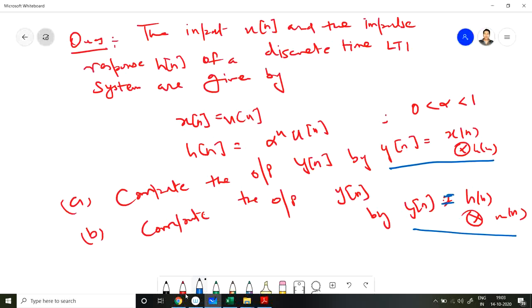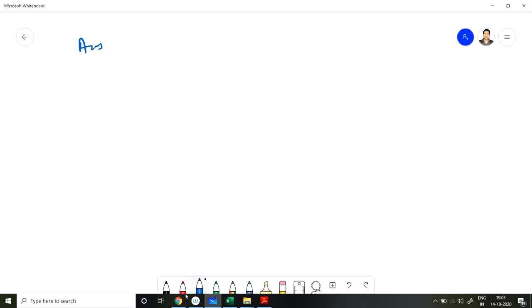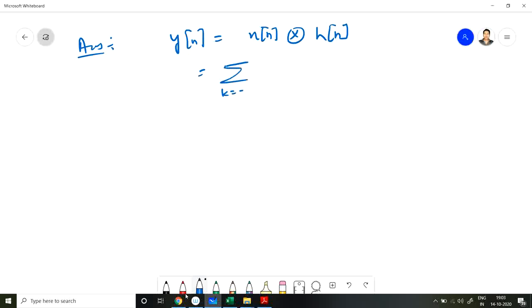So let us solve this problem. So y[n] we have written as y[n] is equal to x[n] convolution with h[n], and it is equal to summation k equals minus infinity to plus infinity x[k] h[n minus k].